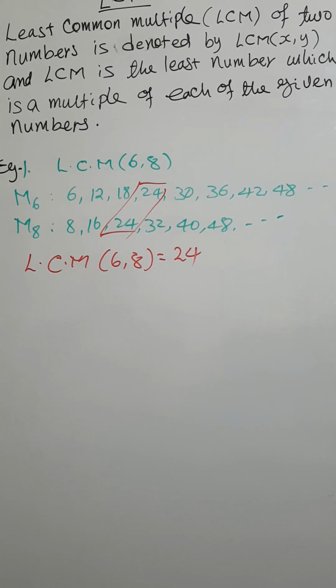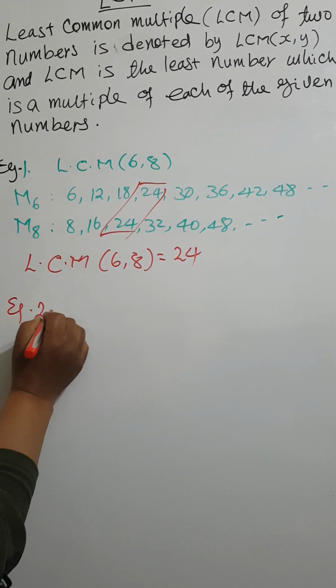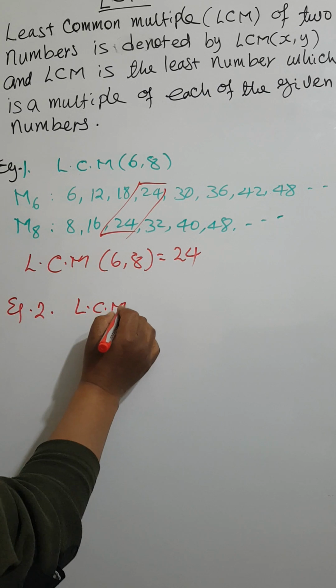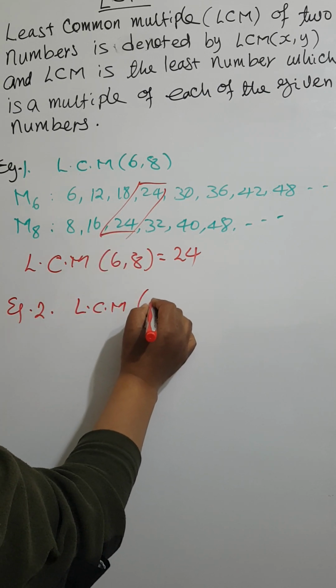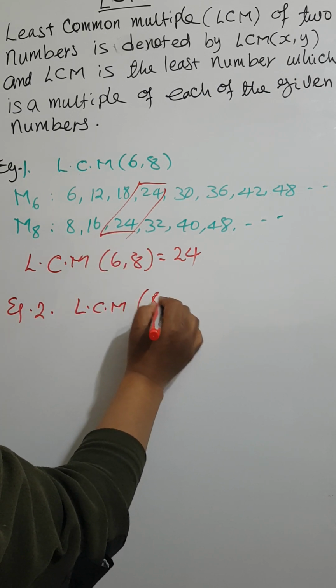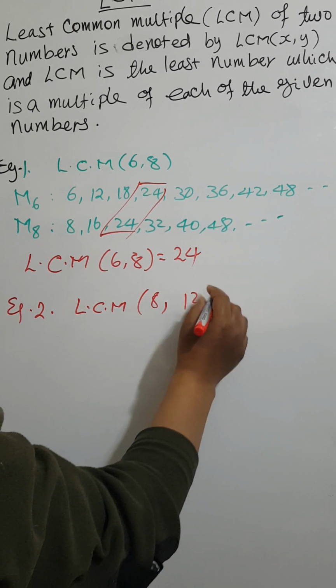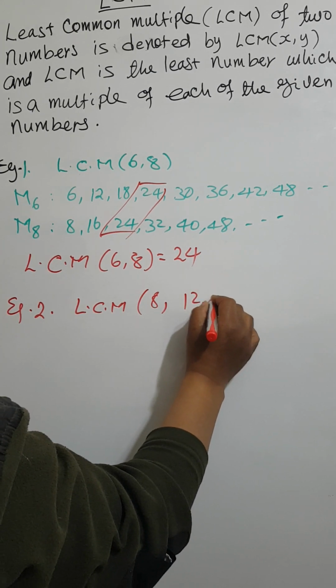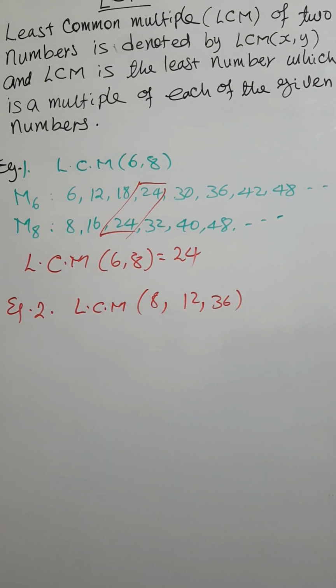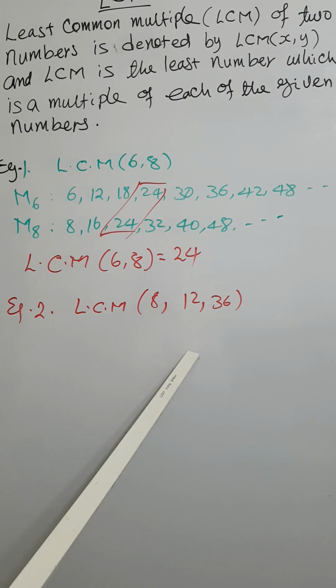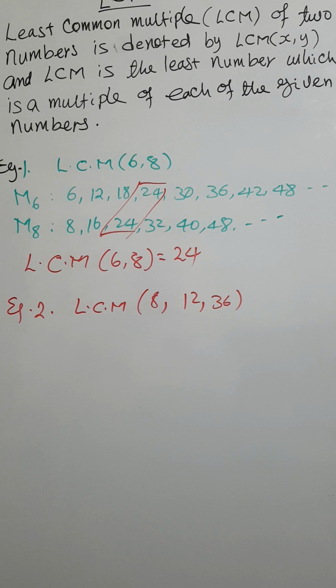Now, what is the LCM of 8, 12, and 36? Again, we have to write the multiples of 8, multiples of 12, and multiples of 36.